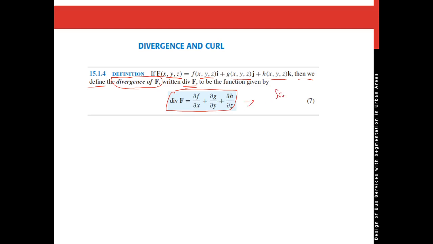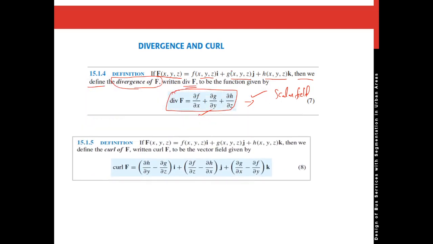So this is actually a scalar field. Okay. So divergence of a vector field is a scalar field, not a vector. So this is very easy. This is the formula for finding divergence.